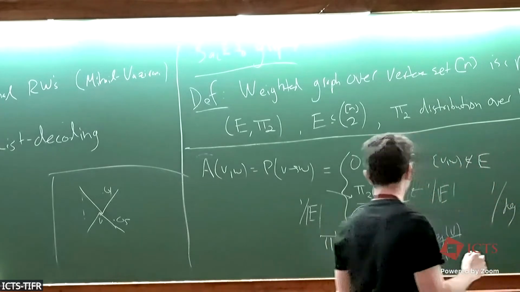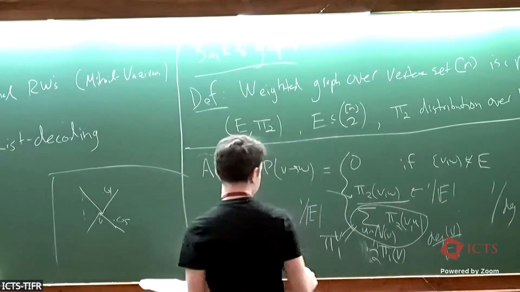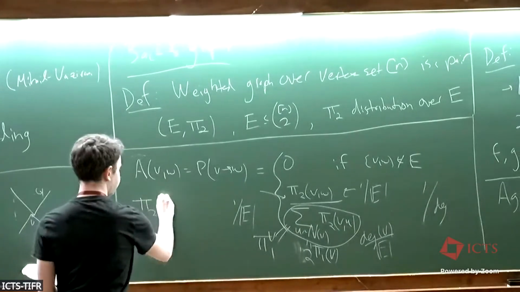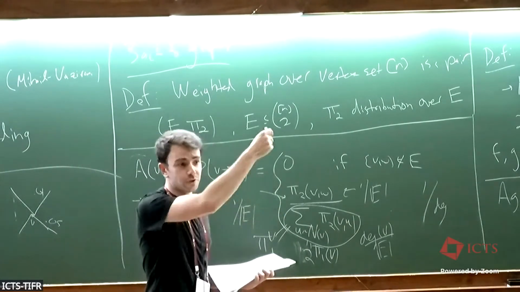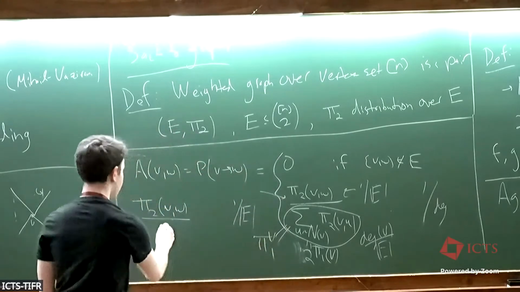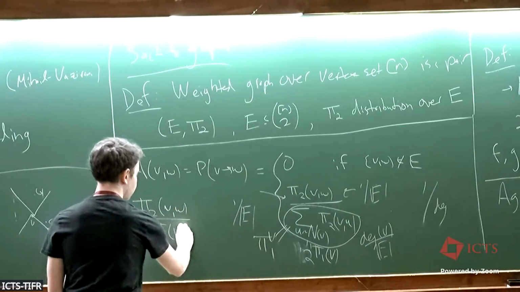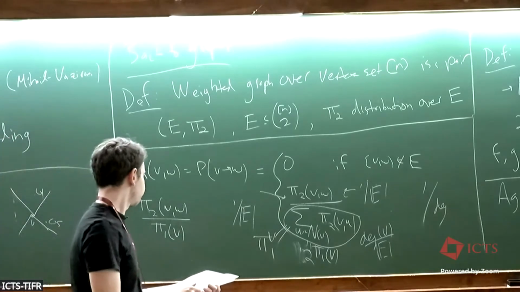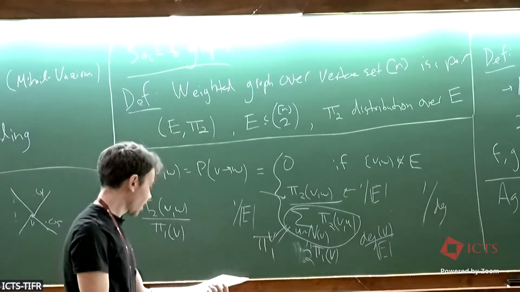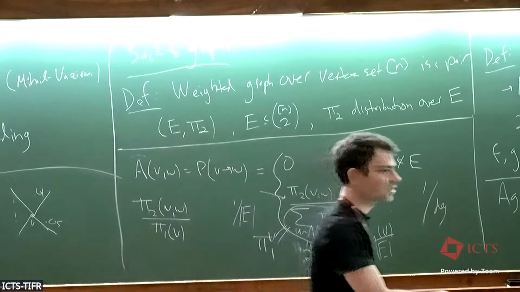So then maybe it should be more clear that this is the conditional distribution, right? Because this is just pi2 of vw, up to a normalizing factor of 2 for moving between edges and vertices, divided by the probability of being around v. Okay, sorry, that was a little more detail than I had planned.